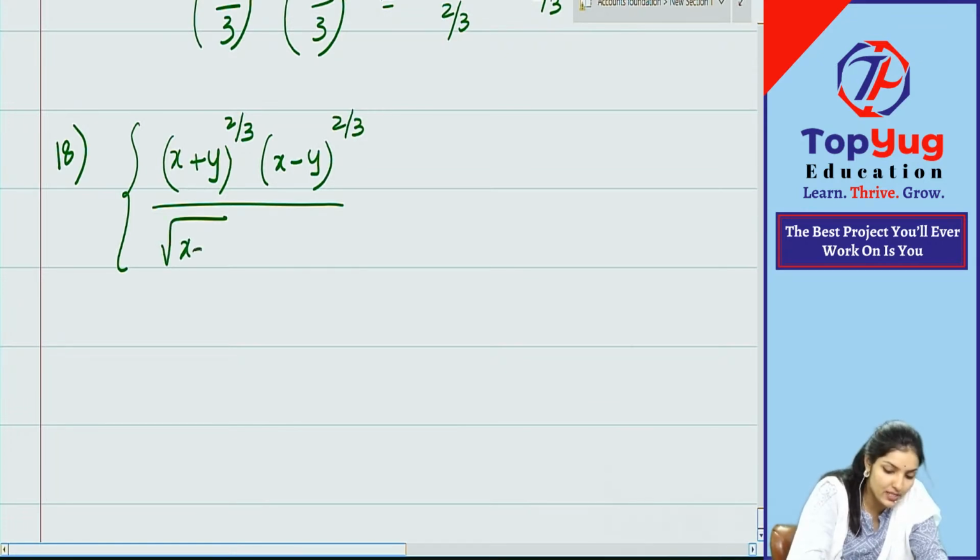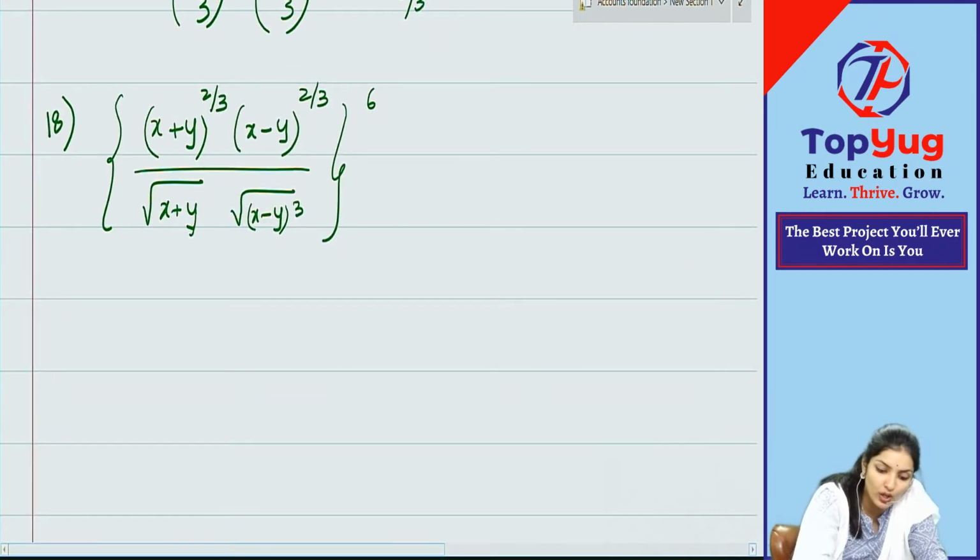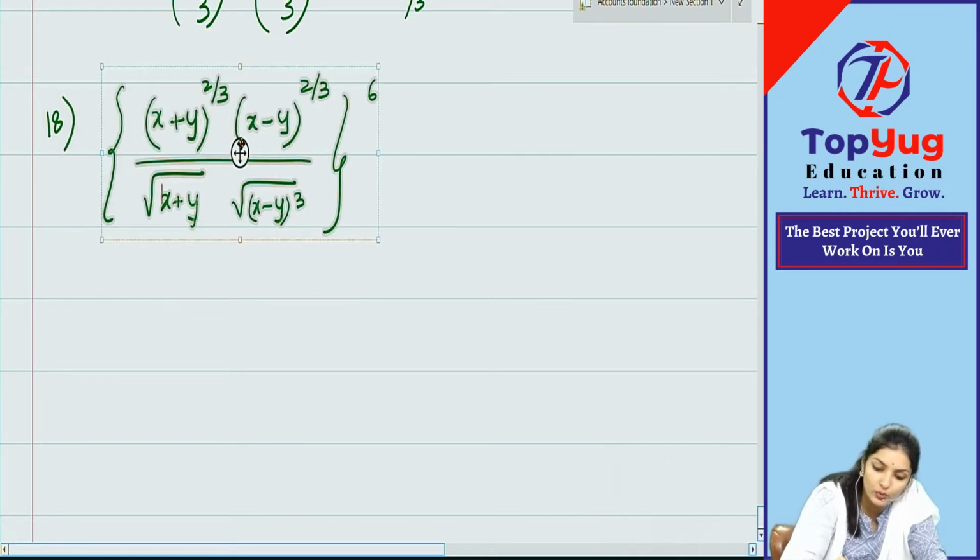So this is x plus y and this is x minus y to the power 3 whole to the power 6. Similarly, I'll just copy the same.